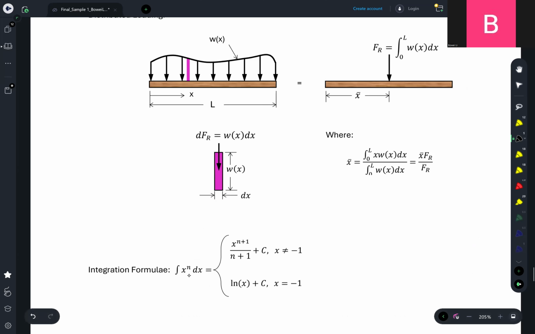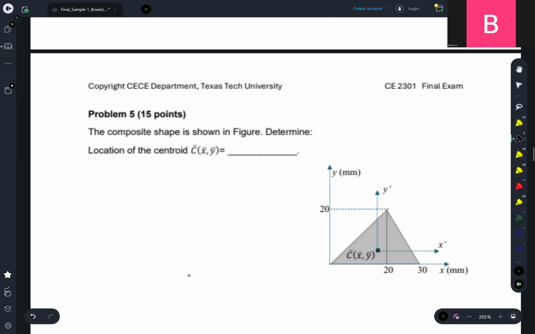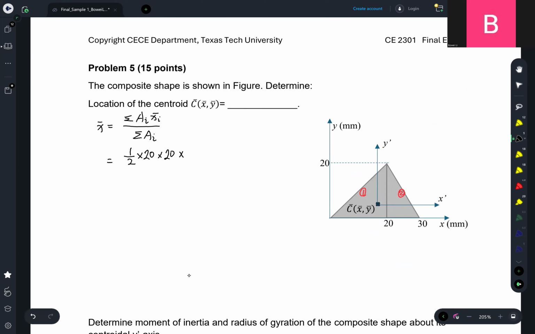If we go back to the original triangle, for triangle one, where is the x coordinate of the centroid of the first part?